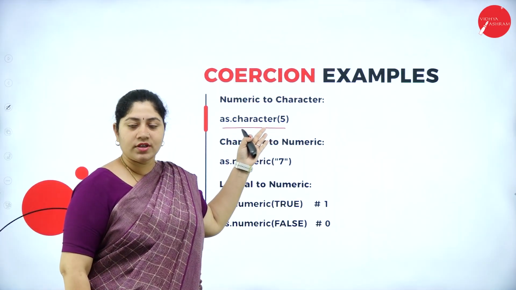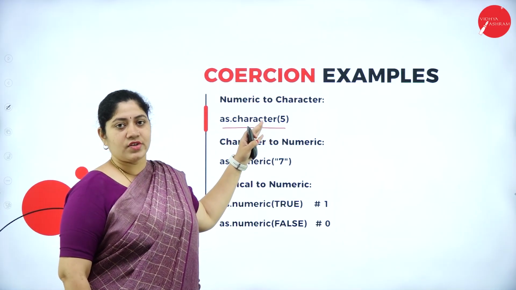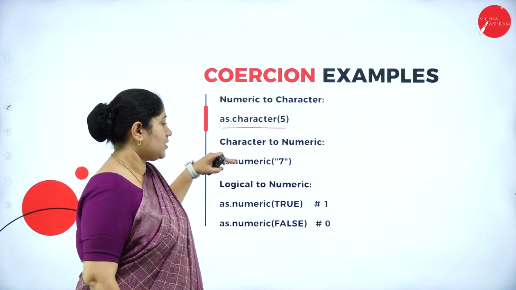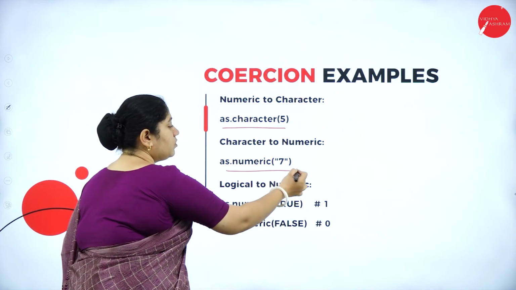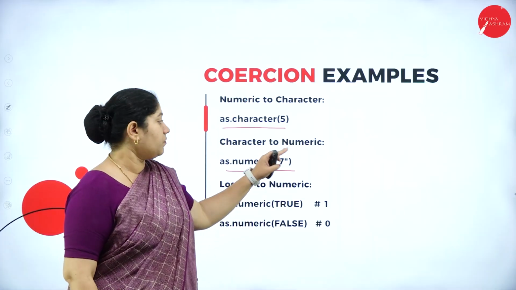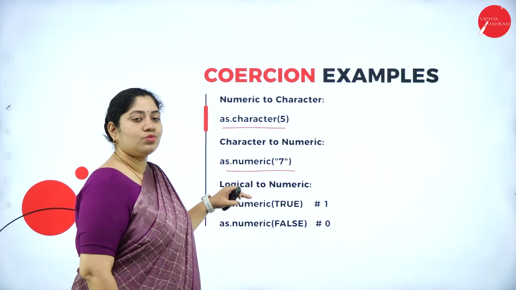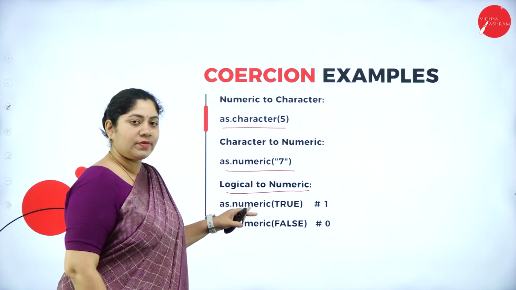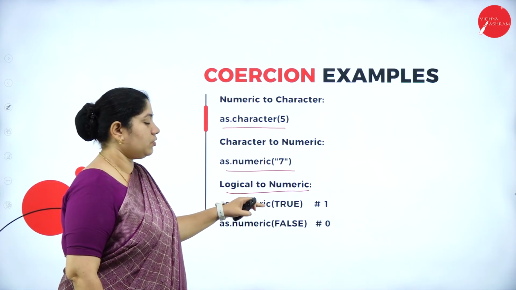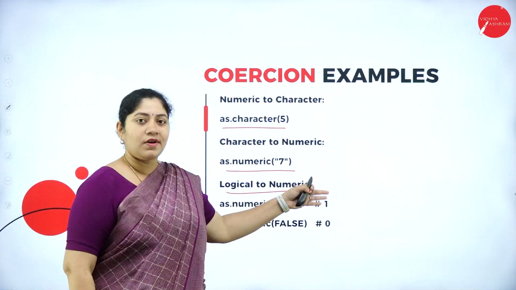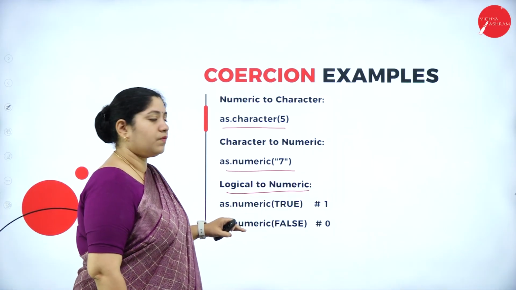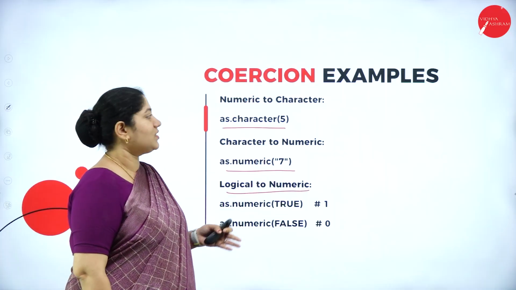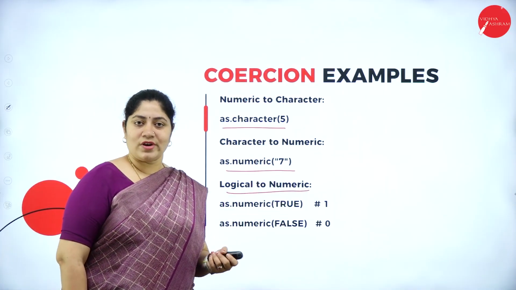Is it implicit or explicit? Exactly, this is explicit coercion. Character to numeric: as.numeric of 7. Logical to numeric: as.numeric of TRUE, or as.numeric of FALSE. These are a few examples of coercion.